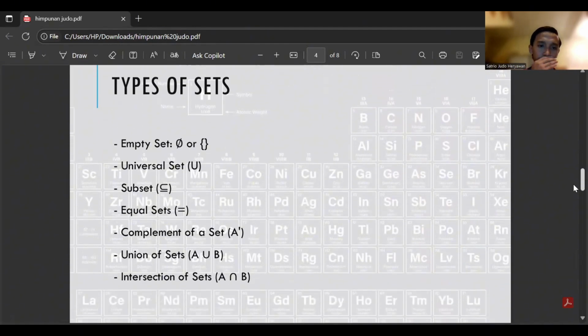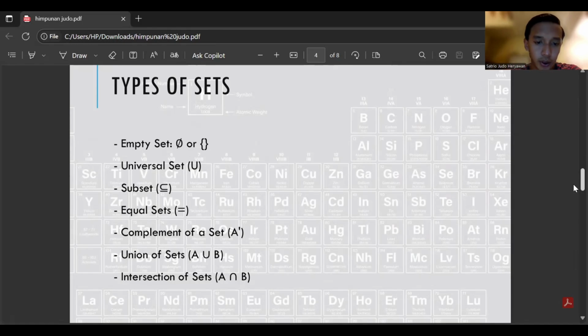This is the types of set. Empty set, this is the symbol. And then universal set, this is the symbol. Next, subset, this is the symbol. Next, equal set, this is the symbol.